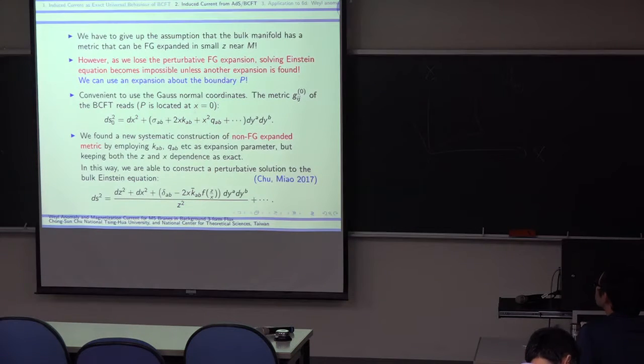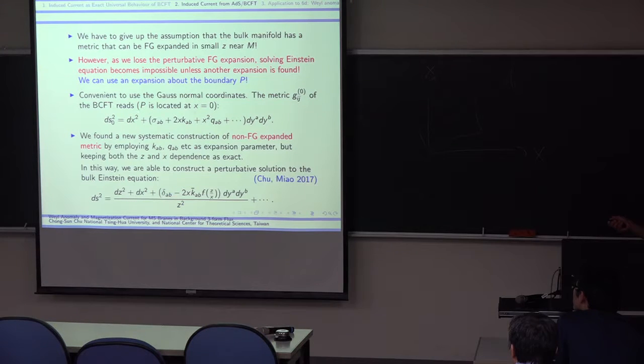So here we find that actually we can have a different type of perturbative expansion, so that we can still solve Einstein equation. The expansion we introduce is, we have a metric, we have a boundary here, and the boundary metric in general we can say in this form.